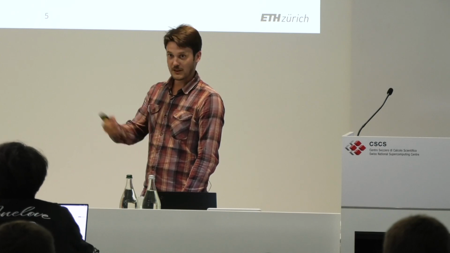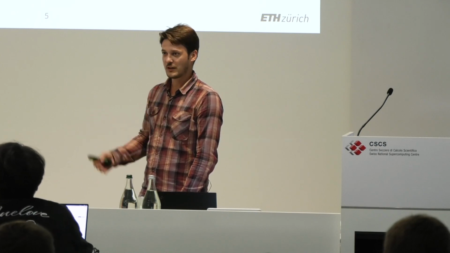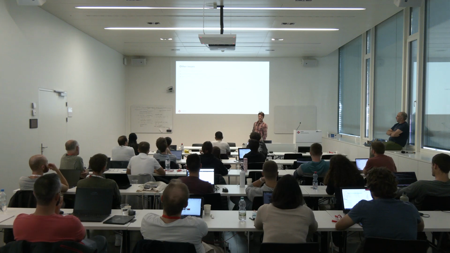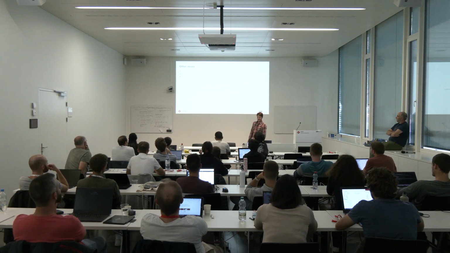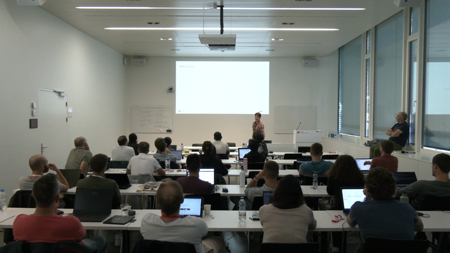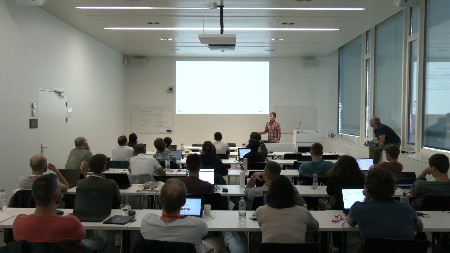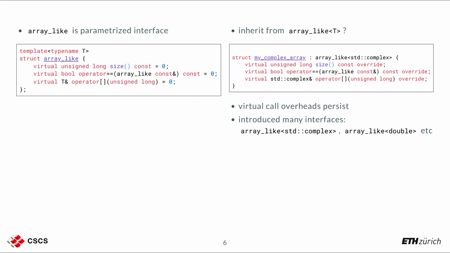So, how could we fix that? Does anybody have an idea? Well, we could stick a template on it, right? We could just do a template T on the array-like, and then we would know what this returns is a T. Well, this is kind of an interface, yeah?